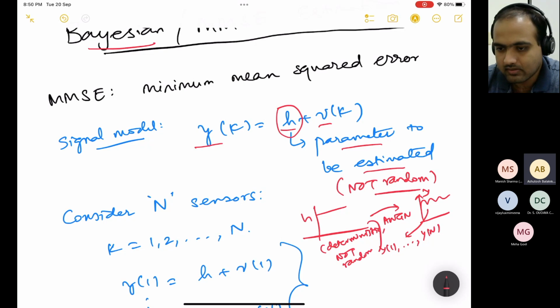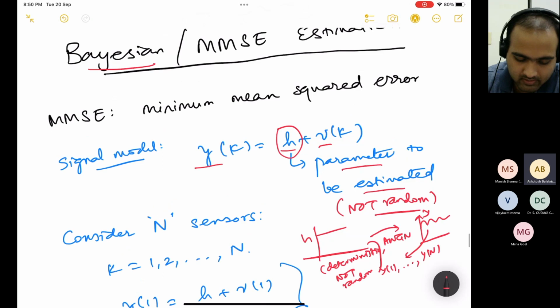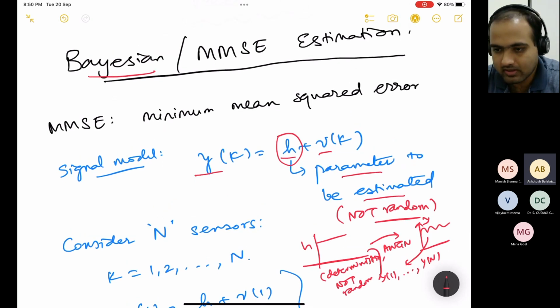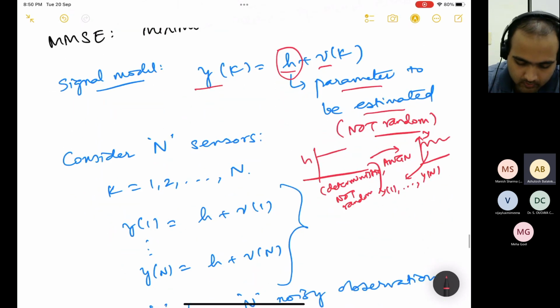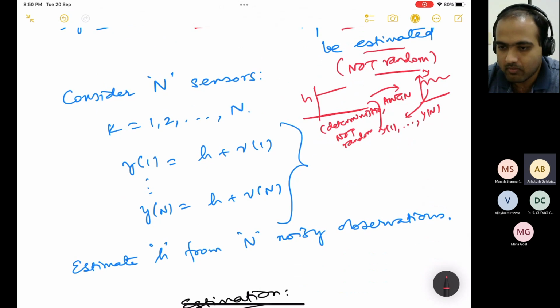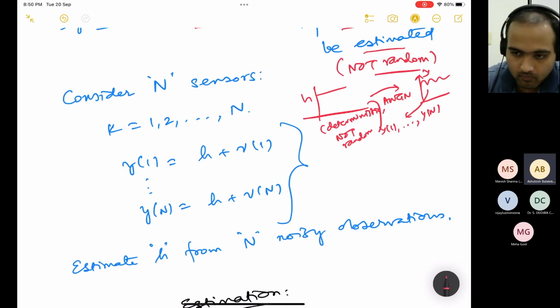In the entire analysis till week 7, we saw that h was not random in nature, but now in the Bayesian framework, or the MMSE estimation, our parameter to be estimated is going to be a random variable itself. So we have the random noise and we have the parameter itself, which is random in nature. We are going to see how to estimate the parameter in such a scenario.